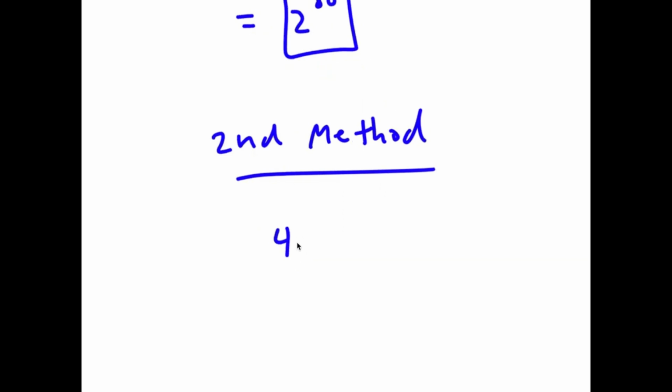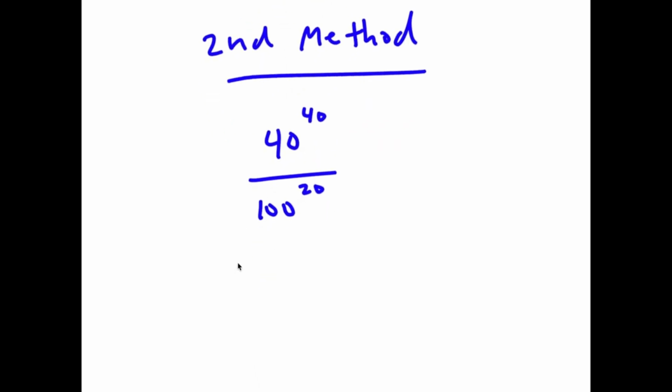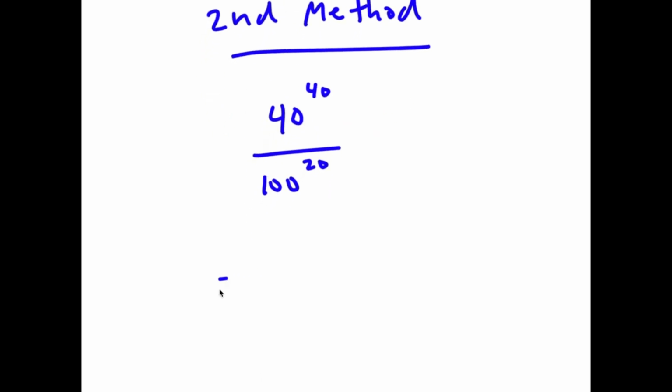So again, I first start with 40 to the power of 40 over 100 to the power of 20. Now this time I'm going to rewrite 40 to the power of 40 as 40 to the power of 20 plus 20. Now I have this over 100 to the power of 20.